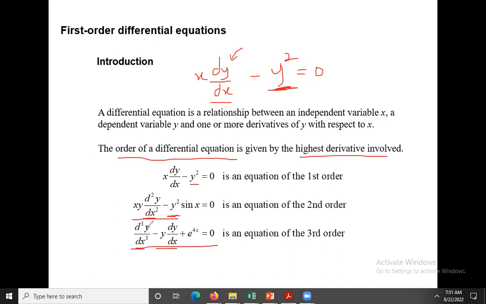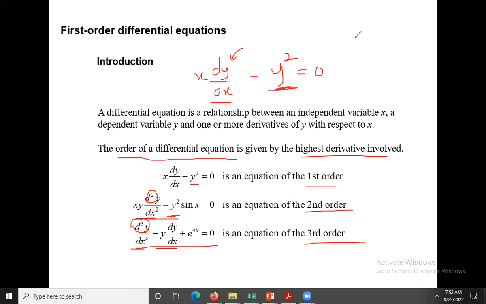But when we come here, the highest derivative is the second derivative, because we have d squared y over dx squared. And then when we come here, the order of the differential equation is what? d cubed y over dx cubed, so we have 3. So this is of order 1 or first order, this is of the second order, and this equation is of the third order.